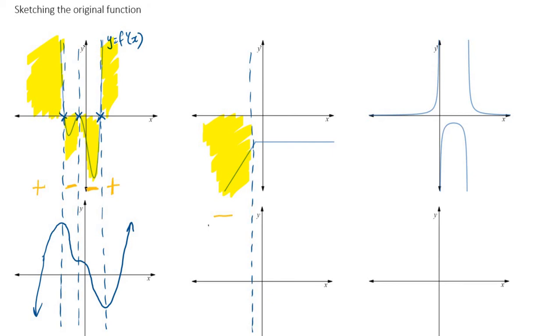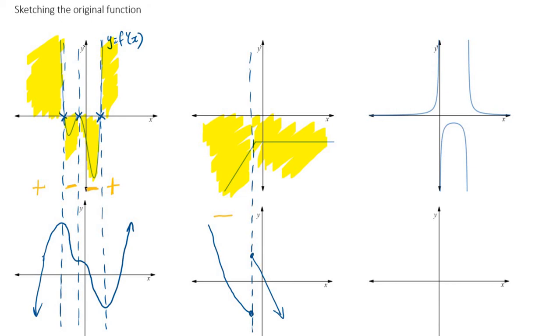So through this region, it is doing something like that. But it doesn't reach zero. And then we have a graph that is always negative with a constant negative gradient. And so that is going to look something like that.